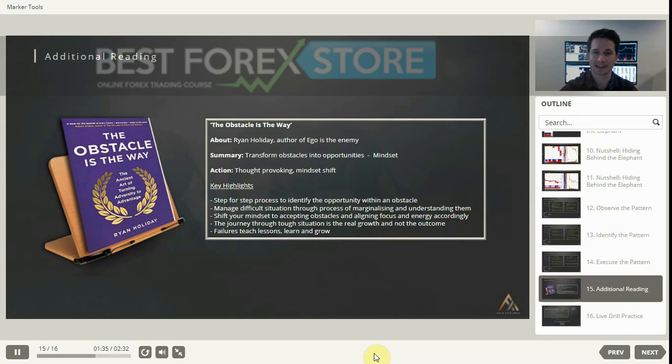Okay, so breaking down obstacles into very small margins, into very small segments, is ultimately going to show you how to get through obstacles. Then shift your mindset to accepting obstacles and aligning focus and energy accordingly. So in other words, rather than getting your back up with the obstacle, rather focus your energy on getting through it and getting beyond it.